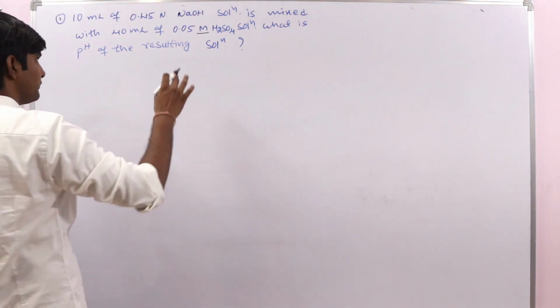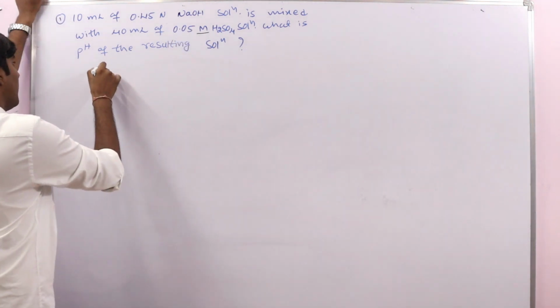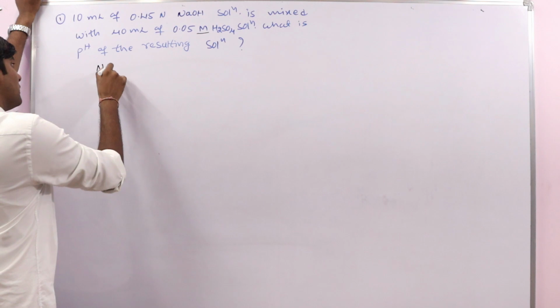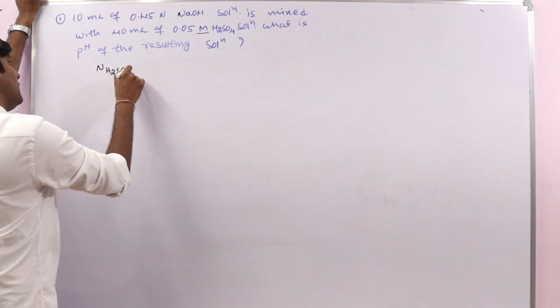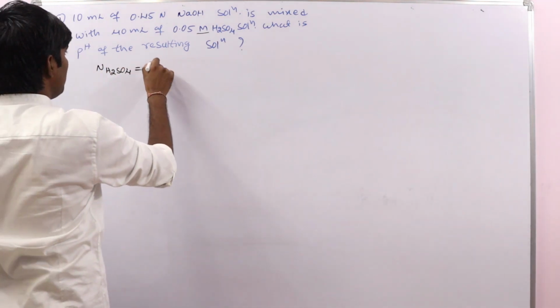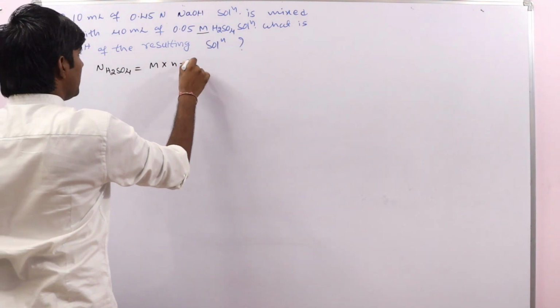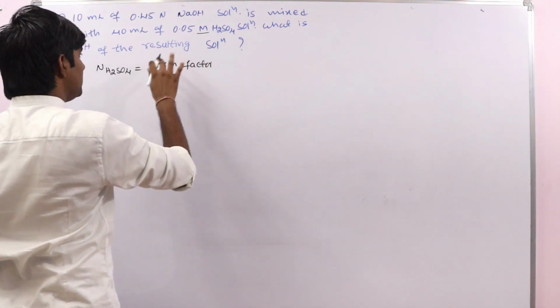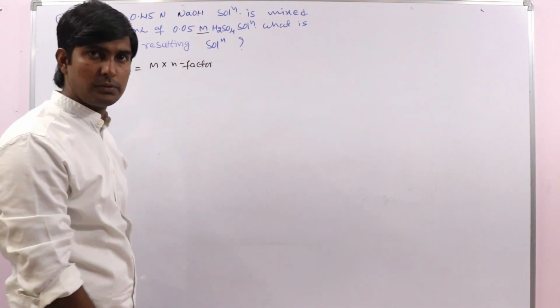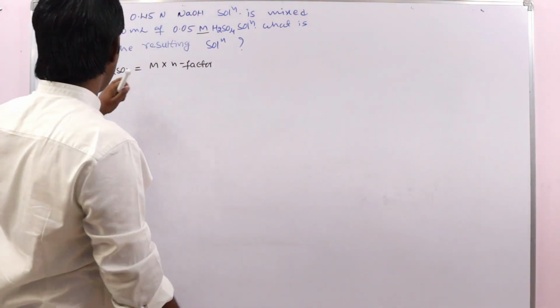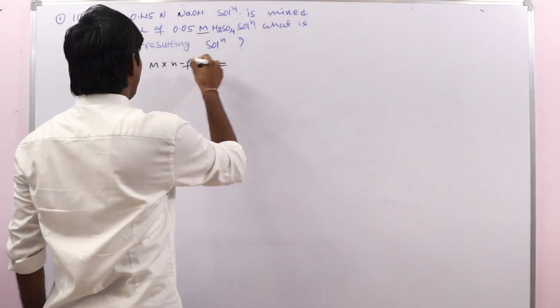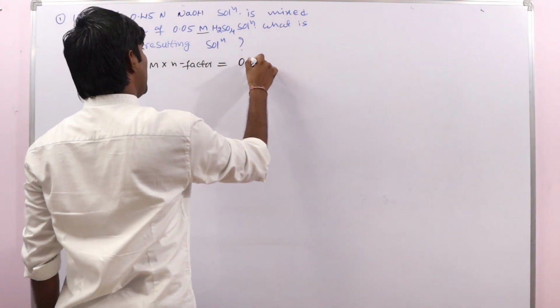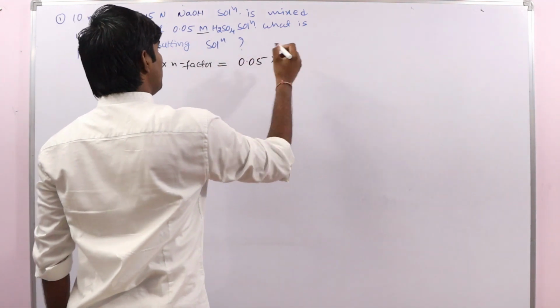So here, H2SO4 concentration in normality is equal to molarity into N factor. This formula also we have discussed so many times. Normality equals molarity into N factor. Molarity how much? 0.05 into 2.